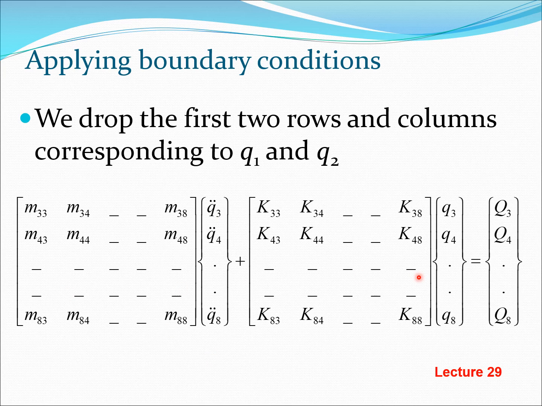Now if you work with this matrix and you try to find the natural frequencies corresponding to this mass and this stiffness, you are going to get a solution which is going to be the rotating frequency of the cantilever beam. And if your mass and stiffness correspond to the rotating beam, that is they include the effect of centrifugal force, then this is going to be essentially the rotating beam frequency, and you can also get the mode shape. So very nice and interesting way to impose boundary conditions here.